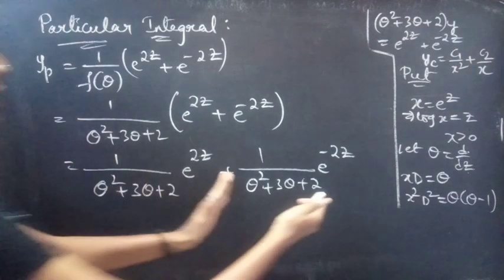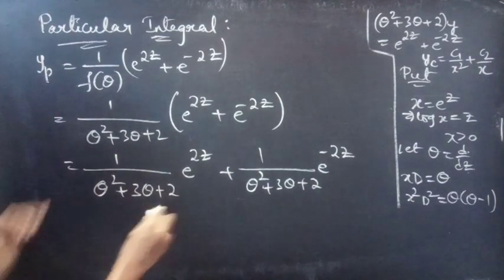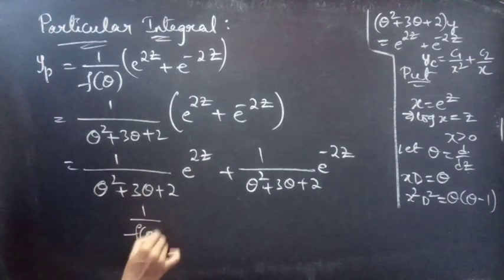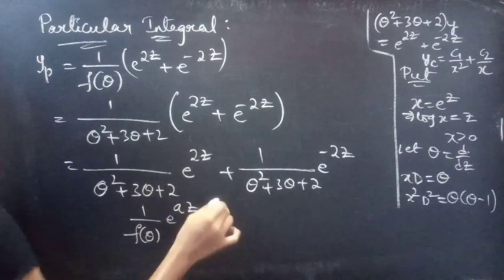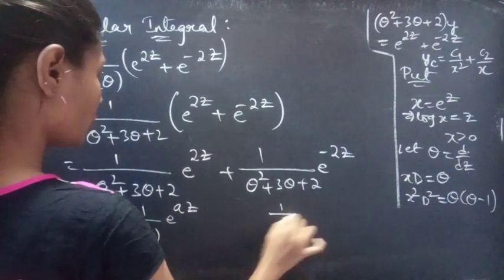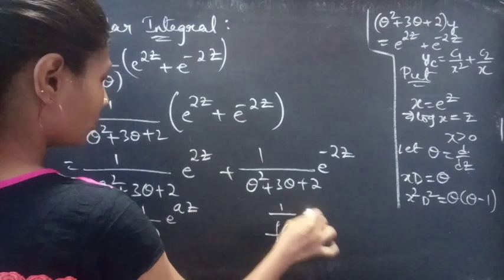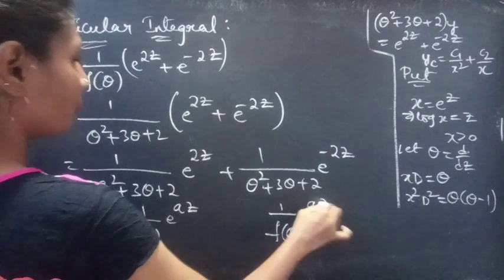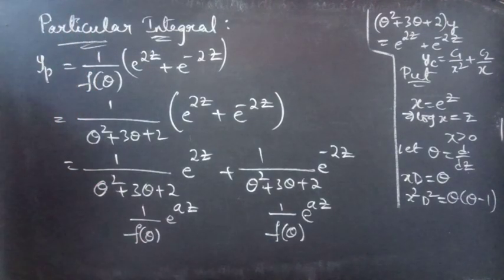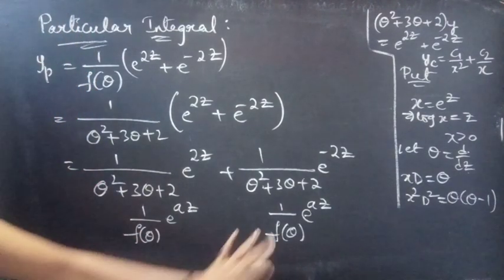So we can find each term separately. This is of the form 1 by f of theta into e power az. The second term is also of the form 1 by f of theta into e power az, right? So we'll go with this procedure now.